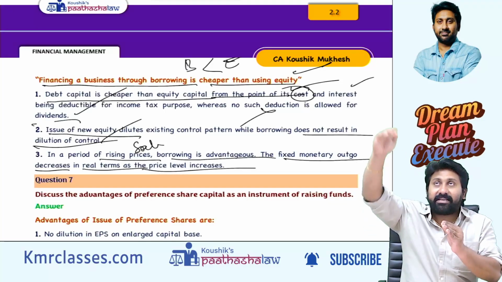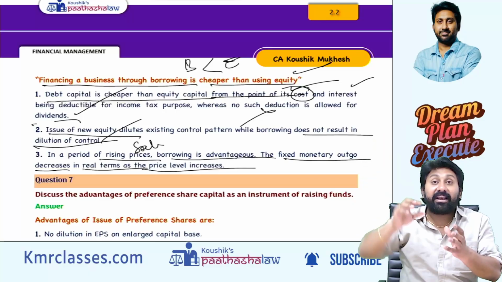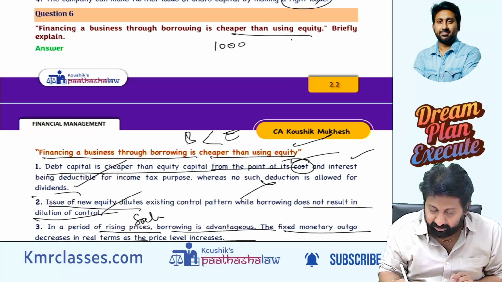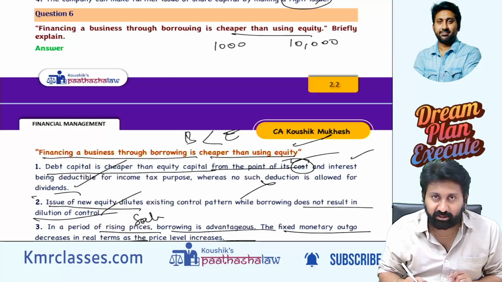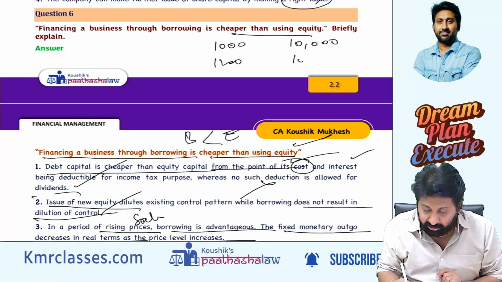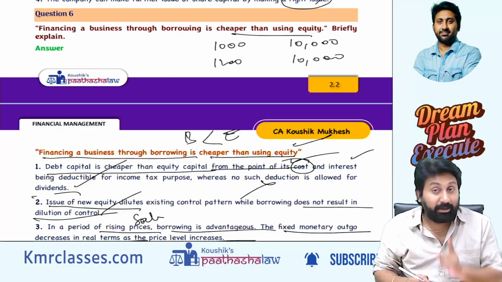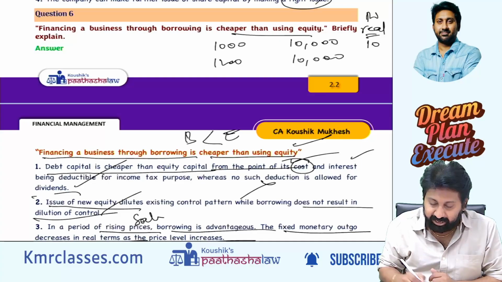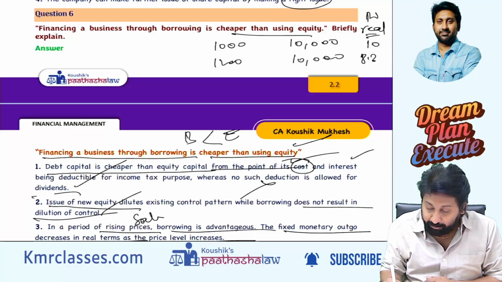As the selling price increases, automatically in real terms, if you see here, 1000 units I manufactured, fixed cost is 10,000. I produced 1200 units. Even though fixed cost is 10,000, if you observe in real terms, means per unit terms, here it is 10 rupees. Here it is 8.33 only.